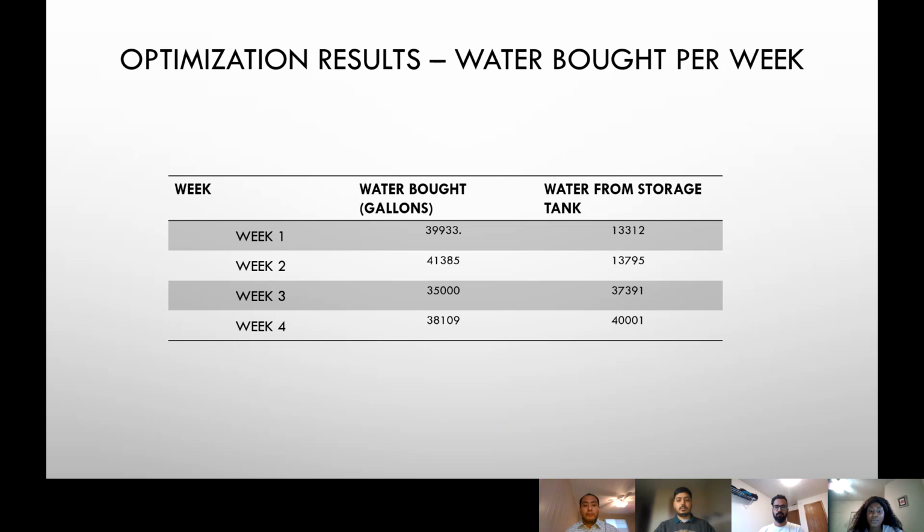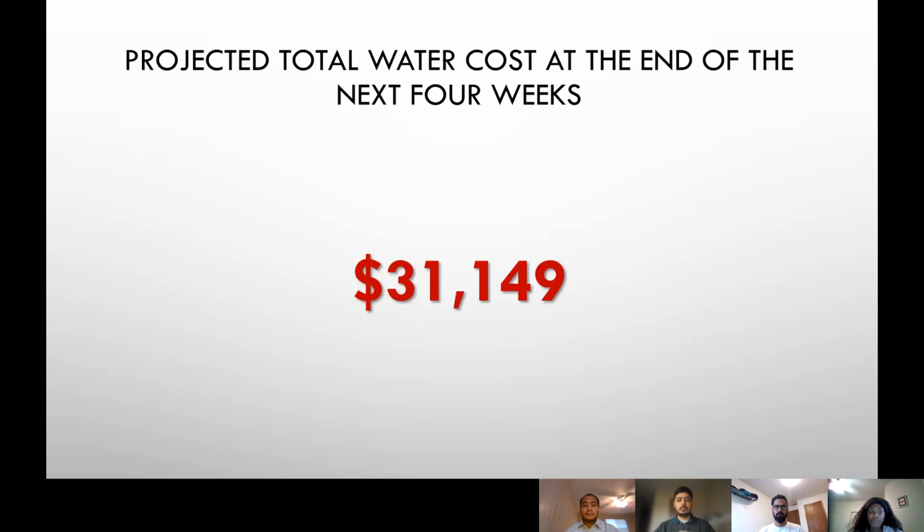In week 4, it goes to 38,109 gallons. The water from the storage tank in week 1 is 13,312 gallons. And in week 4, it goes to 40,000 gallons.